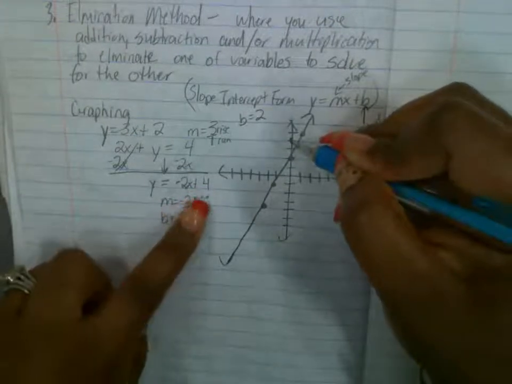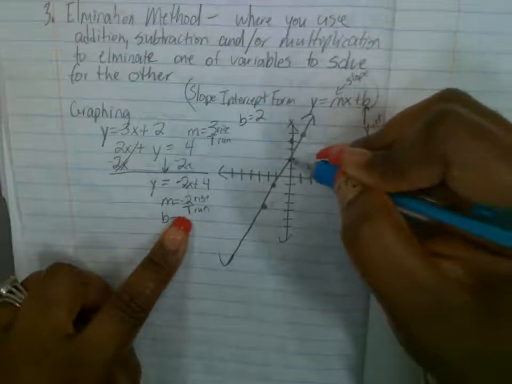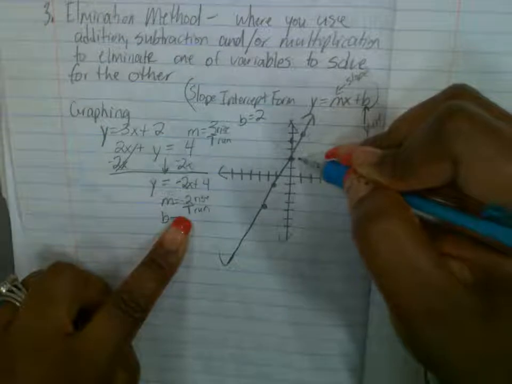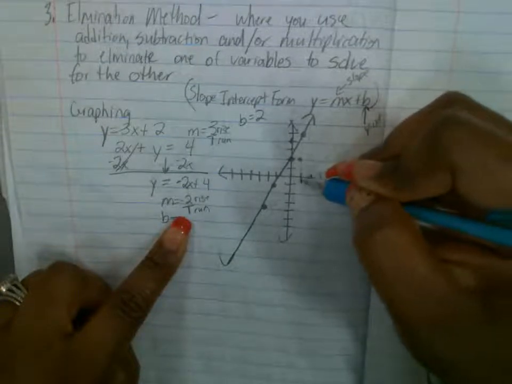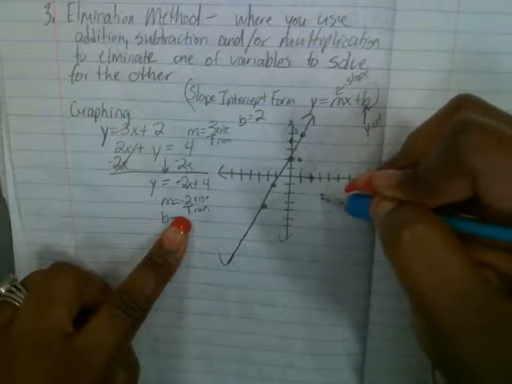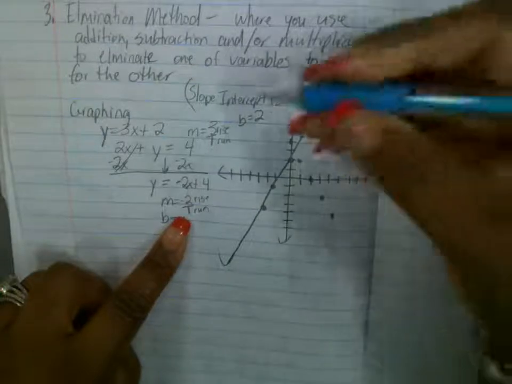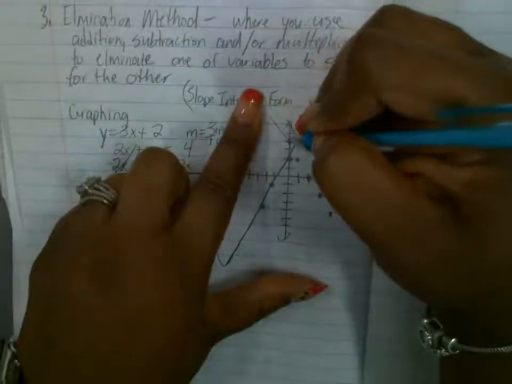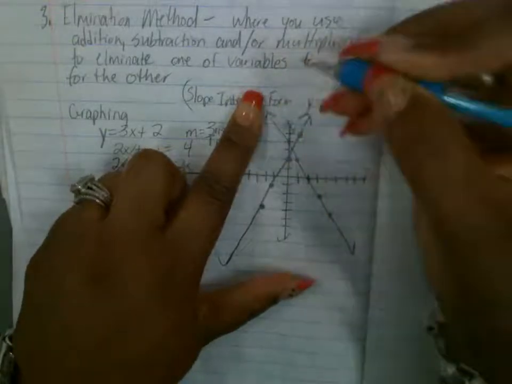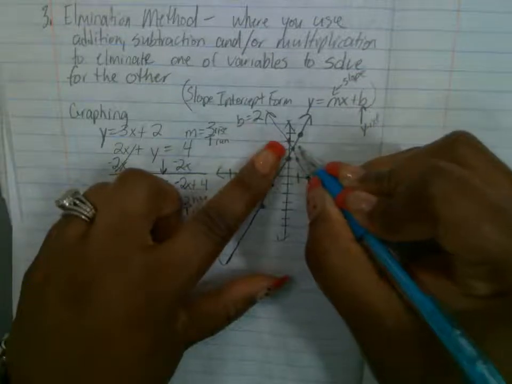Okay, and we're going to go down 2 and to the right 1, down 1, 2, to the right 1, and keep repeating. Okay, and you keep going until you run out of space. Now, they will more than likely give you a point that you can read. Okay.